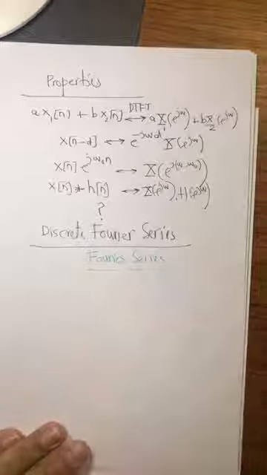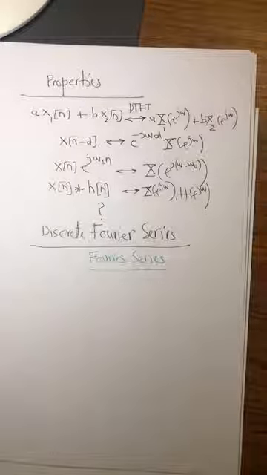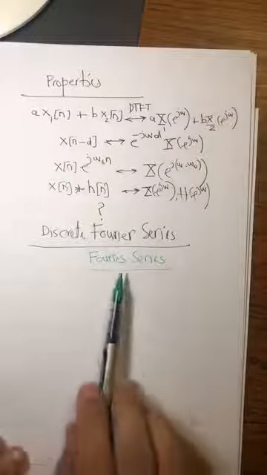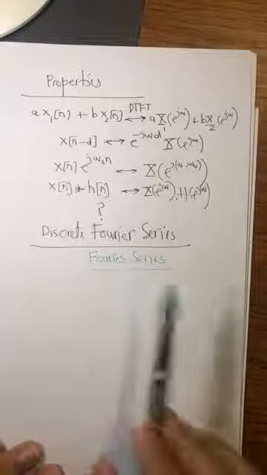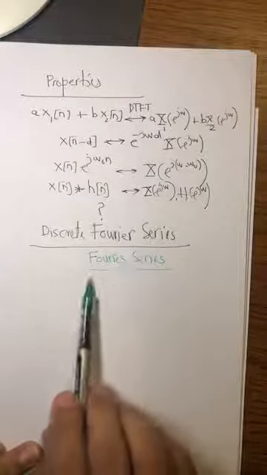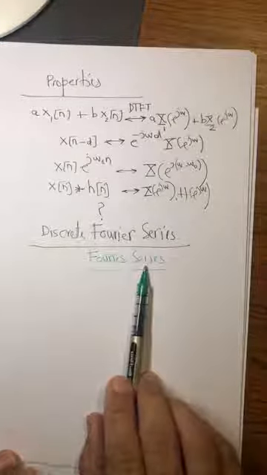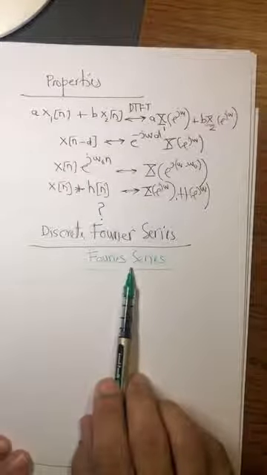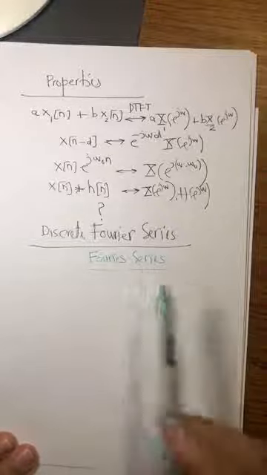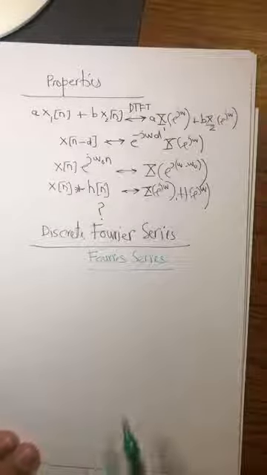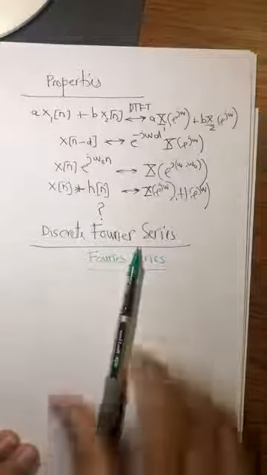In maths, in complex variable analysis, and then in signals and systems you study this. Fourier series is being taught to you in more than one, perhaps two or maybe three courses. And the concept is very simple.